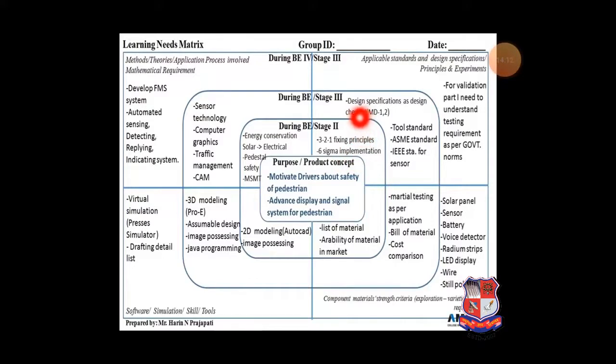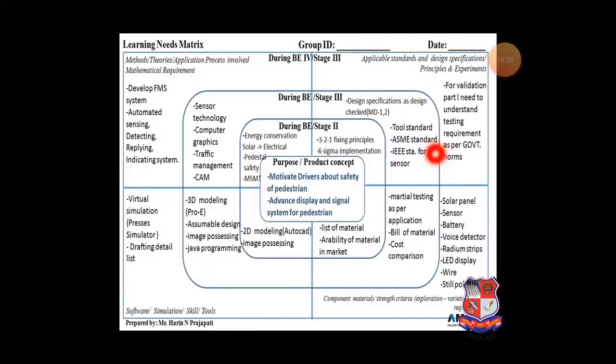In the second stage, design specification as per the design check by Machine Design 1 and Machine Design 2. If I give one example of machine design, if we are selecting the bearing design, for the internal and external diameter some standards are there, we have to follow that standard. Okay, so this is the tool standard, the ASME standard, related to the American Society of Mechanical Engineers.